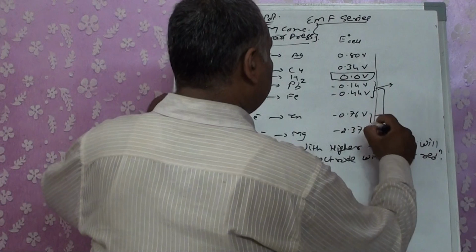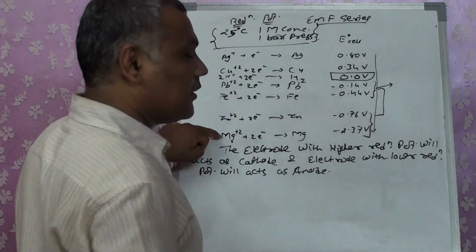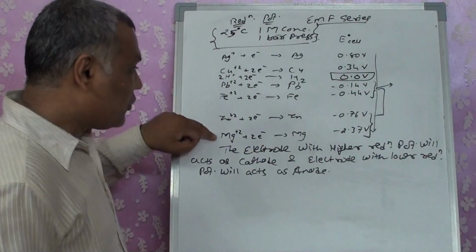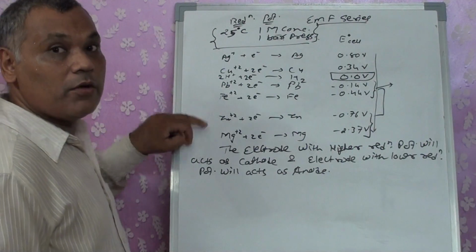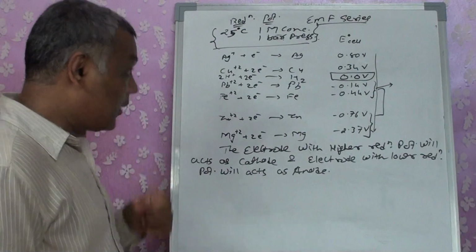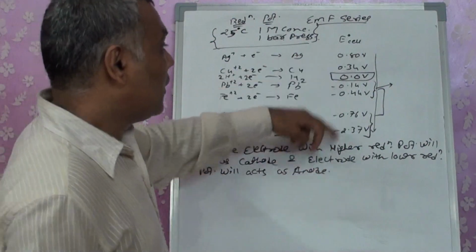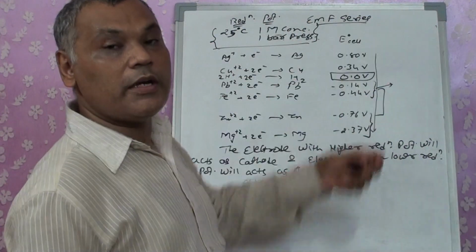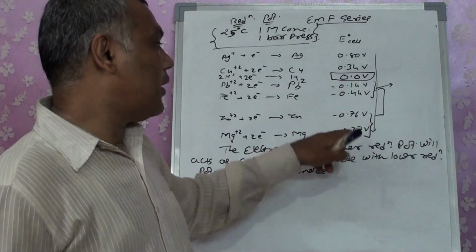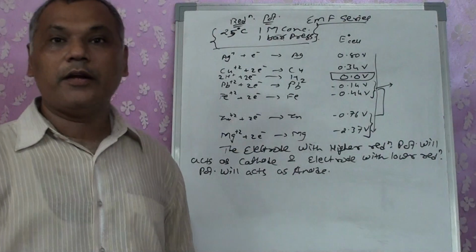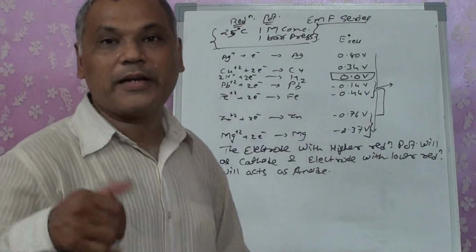If Zn and Mg are connected together, then Mg will be anode and Zn will be cathode. So depending upon the electrode potentials, the higher value will act as a cathode, and the lower one will act as an anode, and using that you can construct the cell.